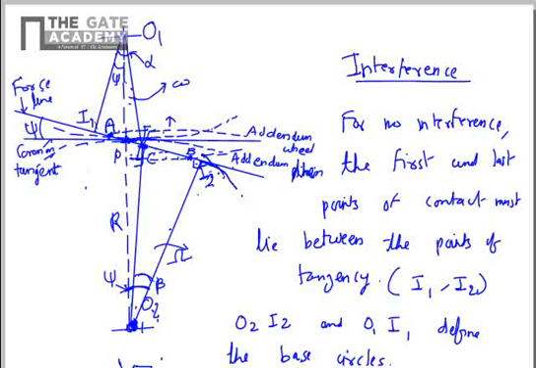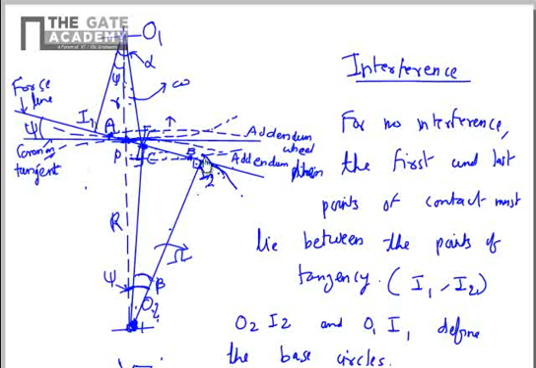Now I1 I2 can be broken into two parts, that is I1P and I2P. From the triangle O1 I1 P, I1P will be equal to small r, the pitch circle radius of the pinion, times sin xi.